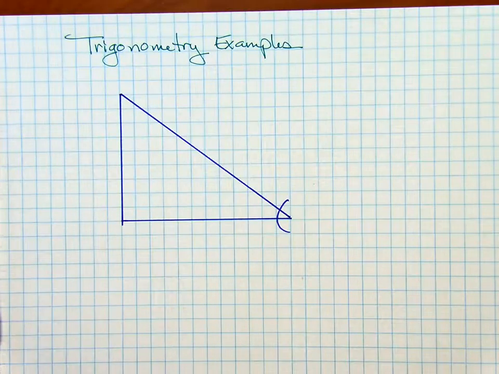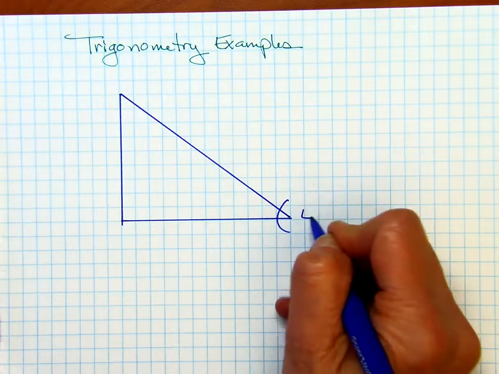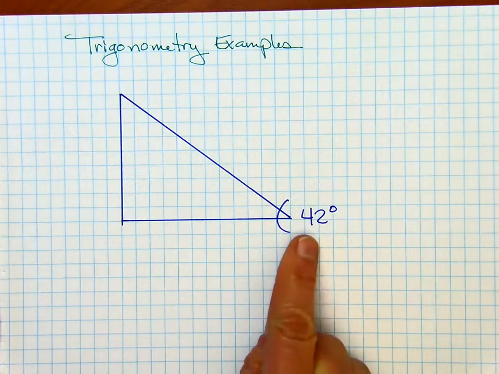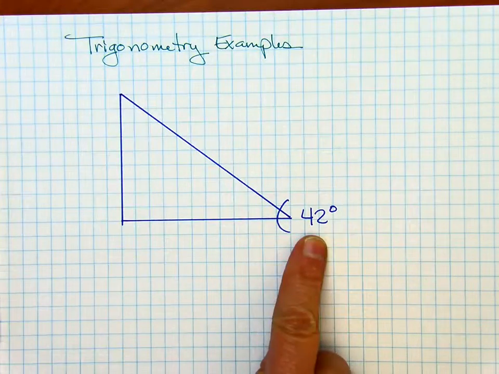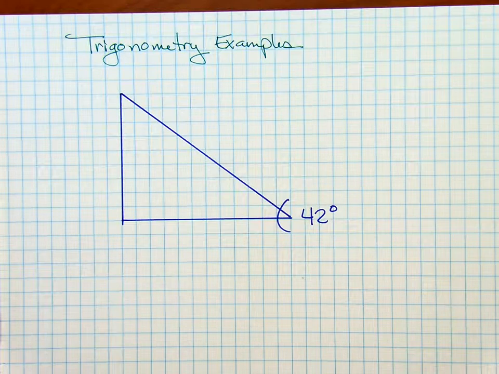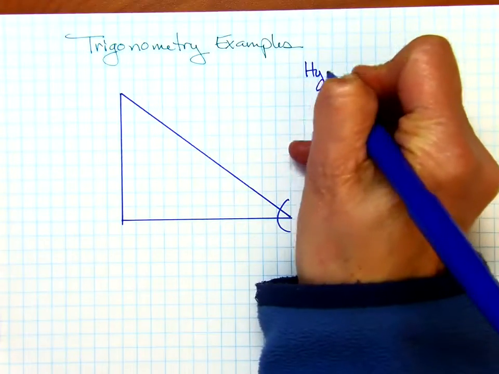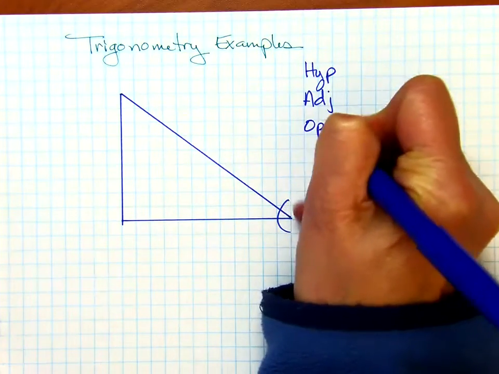Alright, now I'm going to say that this angle here is 42 degrees. And we're basically going to be labeling our sides in reference to this angle here. I'm declaring that we're going to be working with this angle. So the sides are going to be either hypotenuse, adjacent, or opposite.